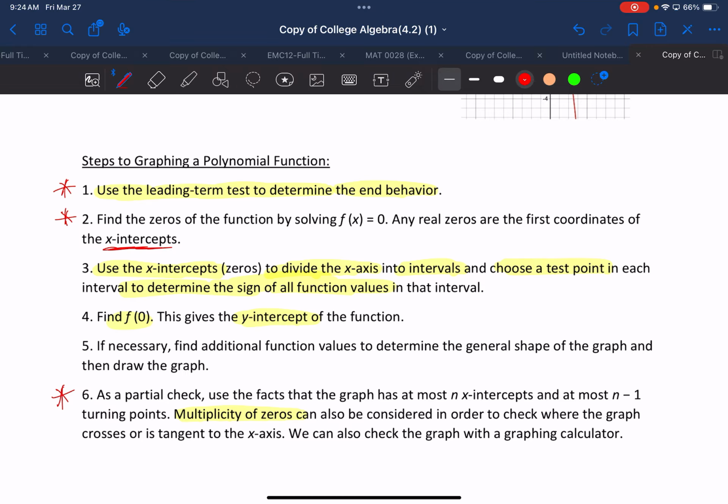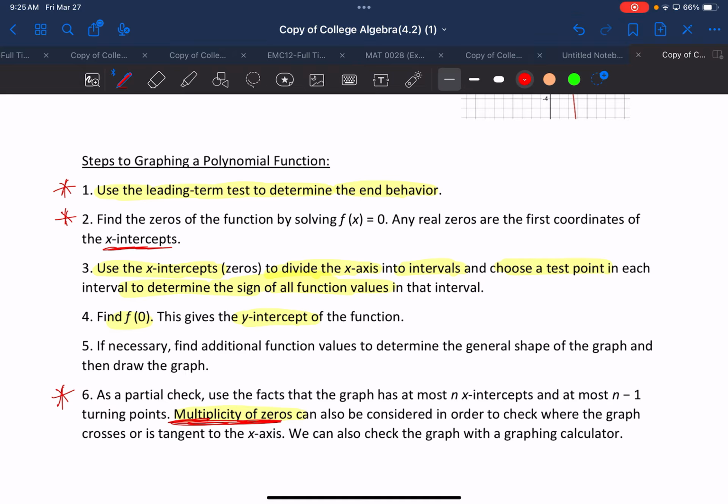So remember, I said I'm going to tell you the 3 most useful ones to use to do this process of elimination. These are the 3. Use the leading term test to determine the end behavior. That test alone, if you understand it, is going to eliminate and give you the answer to like 50% of these problems.